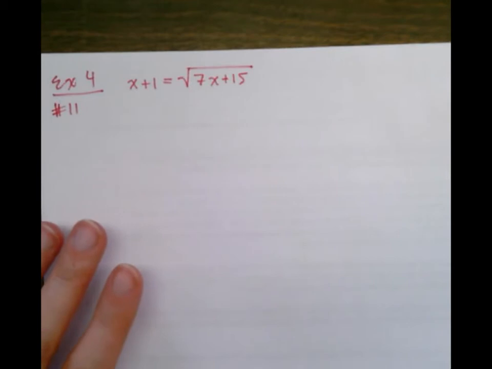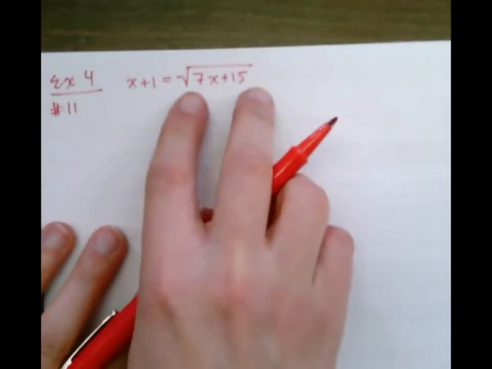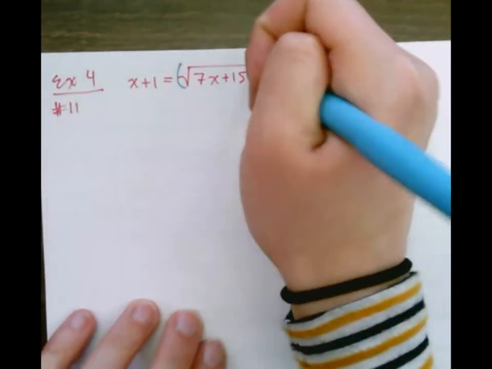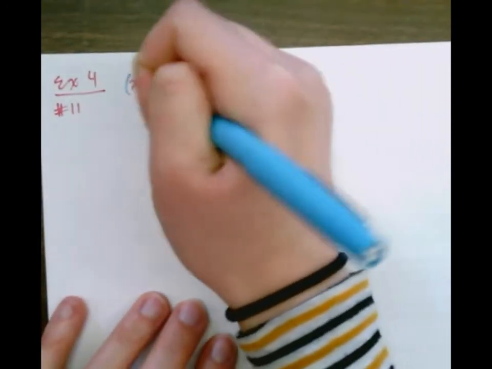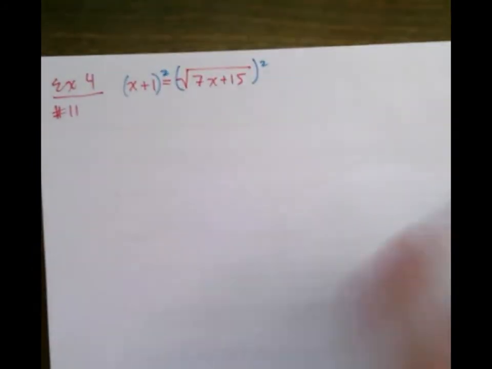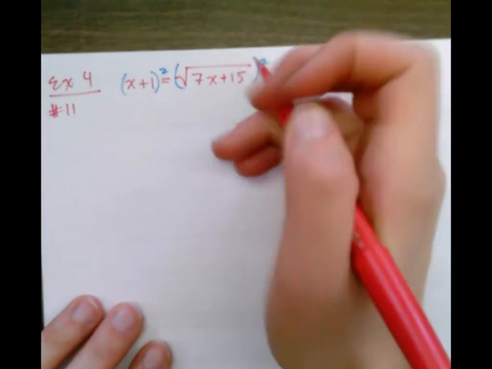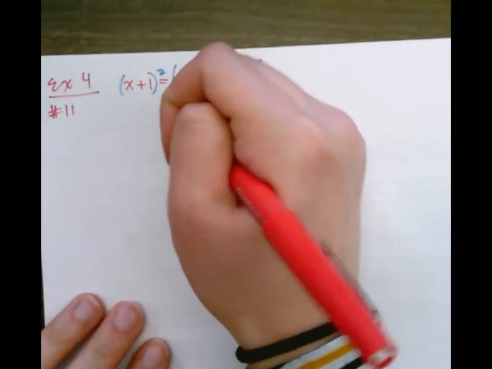So in this problem, I want my radical by itself, and it is by itself, right? So the idea is I have the square root on one side by itself, so I'm going to start by squaring it to get rid of the radical. So on the right-hand side, it's simple. When I square, it cancels out with the root. I'm just left with what's inside.